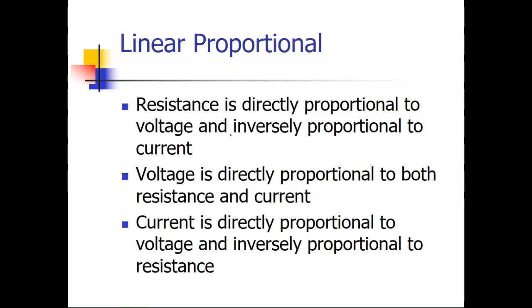And if voltage goes down, resistance goes down, they have to do it together to maintain a viable current. However, if you're trying to change the amount of current in the system, then you're changing the amount of resistance that goes with it. So this is just a condensing of everything I was saying.